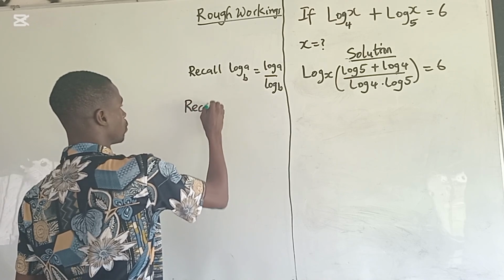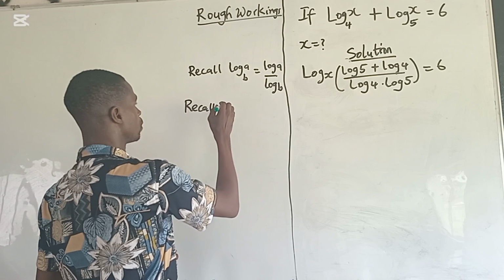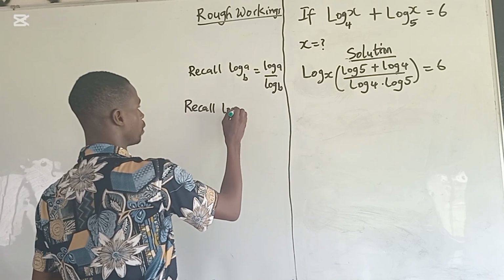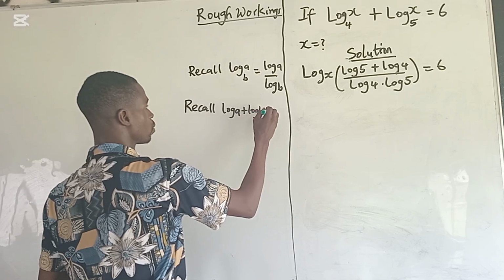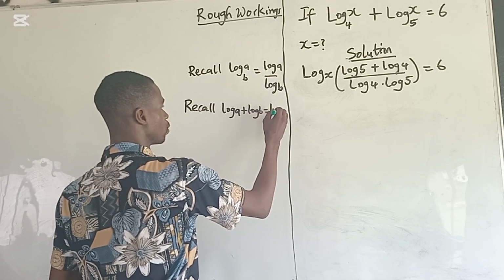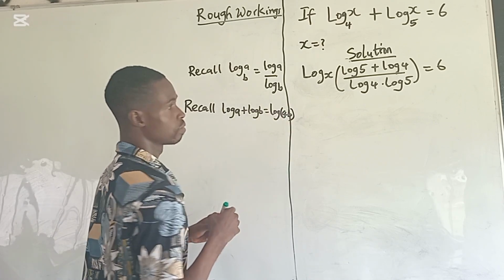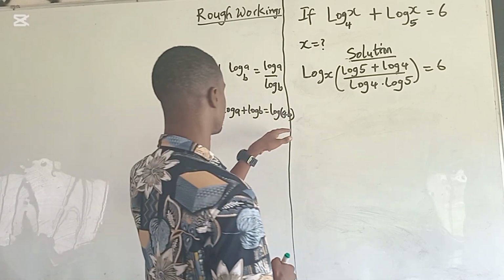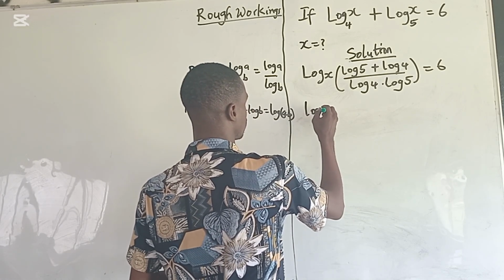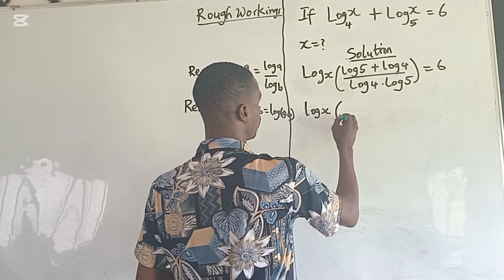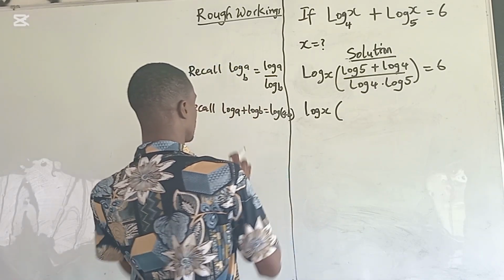Recall that if we are having log A plus log B, it is also equal to log open bracket A dot B. So now we are going to have log x open bracket, applying this principle here.